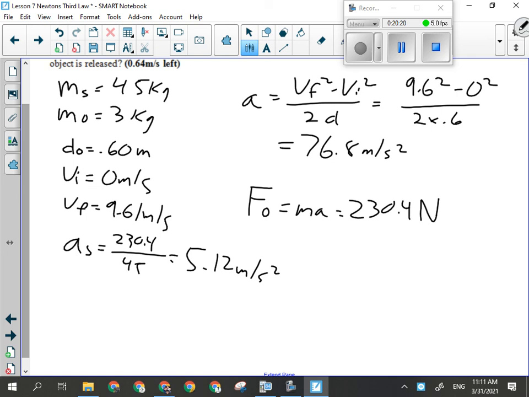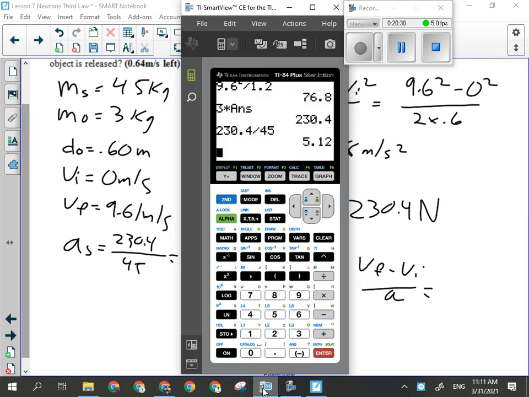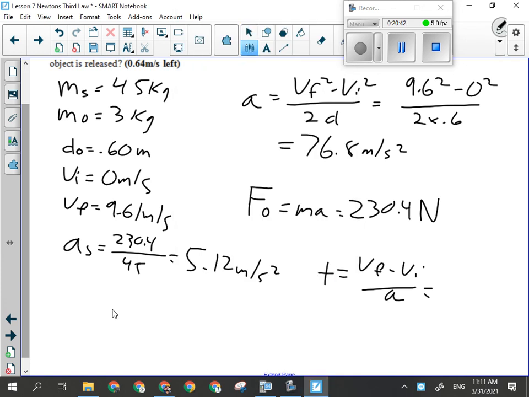I'm going to use the information I calculated about the object to get the time. Time will just be Vf minus Vi over a, and that would be the same for both. So 9.6 divided by 76.8. There's my time, 0.125 seconds.